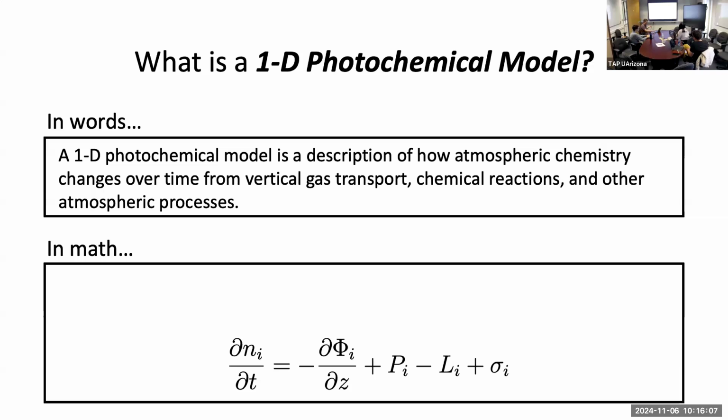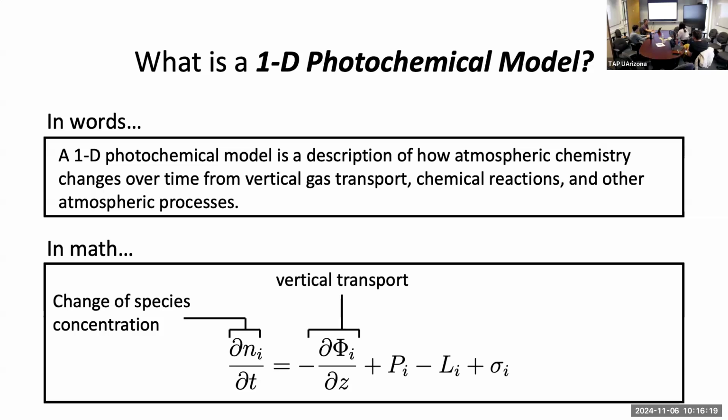On the left-hand side here is the rate of change of a gas or species concentration. Gas concentrations change over time because of vertical transport. Gases move up and down in the atmosphere from essentially convection or turbulent mixing, and they are also transported by molecular diffusion.